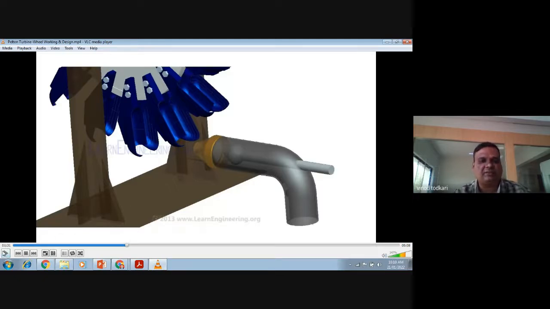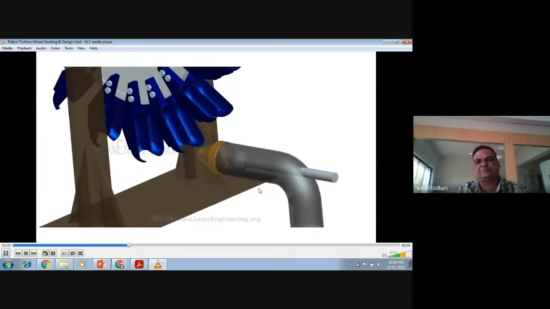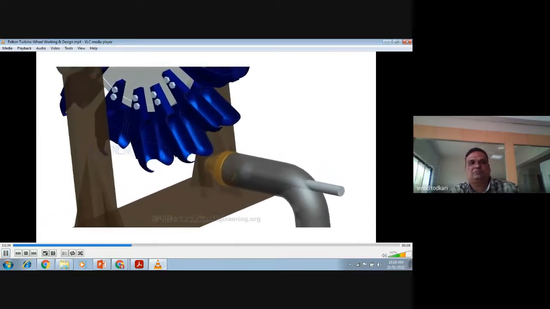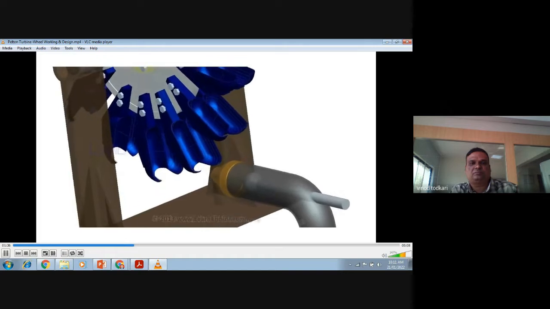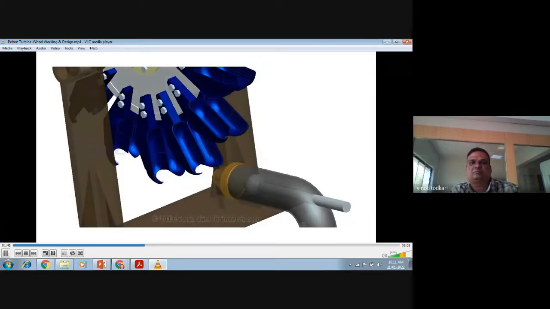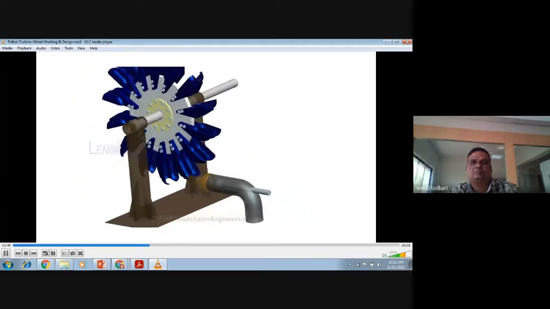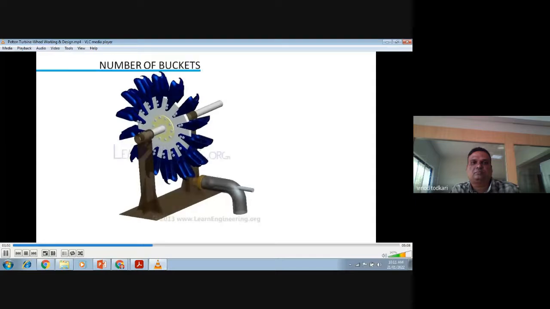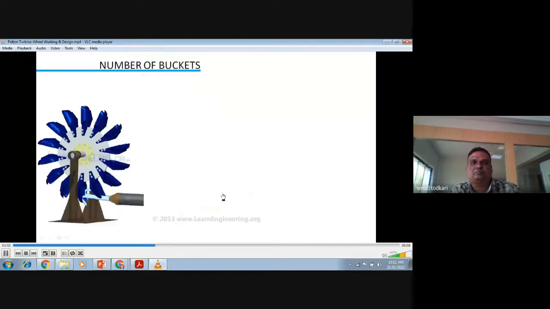I believe that you are getting these concepts. The bottom portion of the buckets makes sure that the water jet will not get interfered with by other incoming buckets. One of the most important parameters of Pelton turbine design is the number of buckets on the disc. If the number of buckets is inadequate, this will result in loss of water jet.